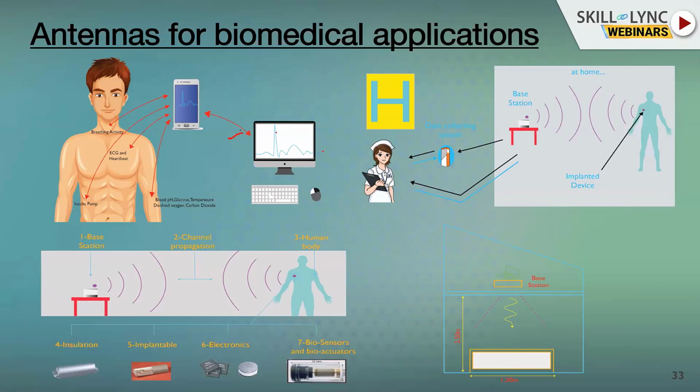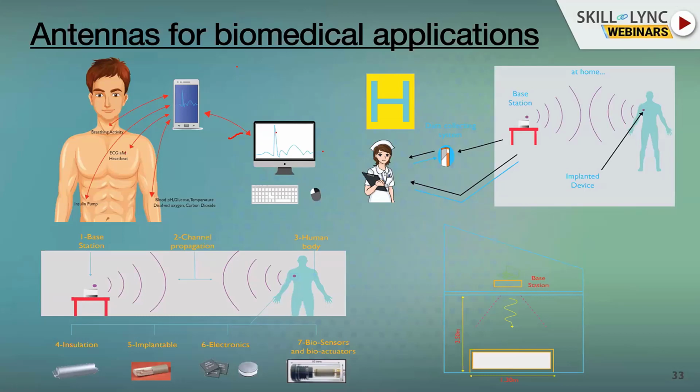That is remote surgery. In biomedical applications especially, you will have a lot of implantable antennas or wearable antennas, multiple antennas, used to control your operation or monitor your health.